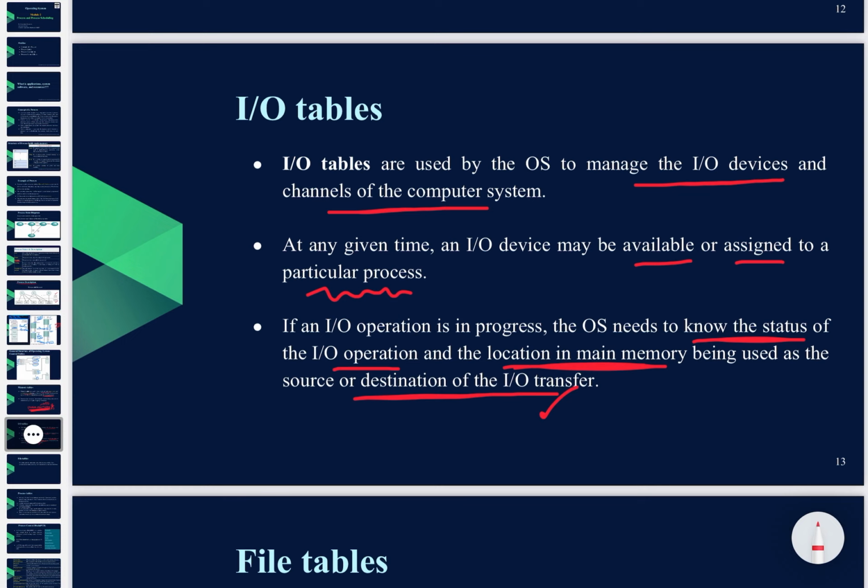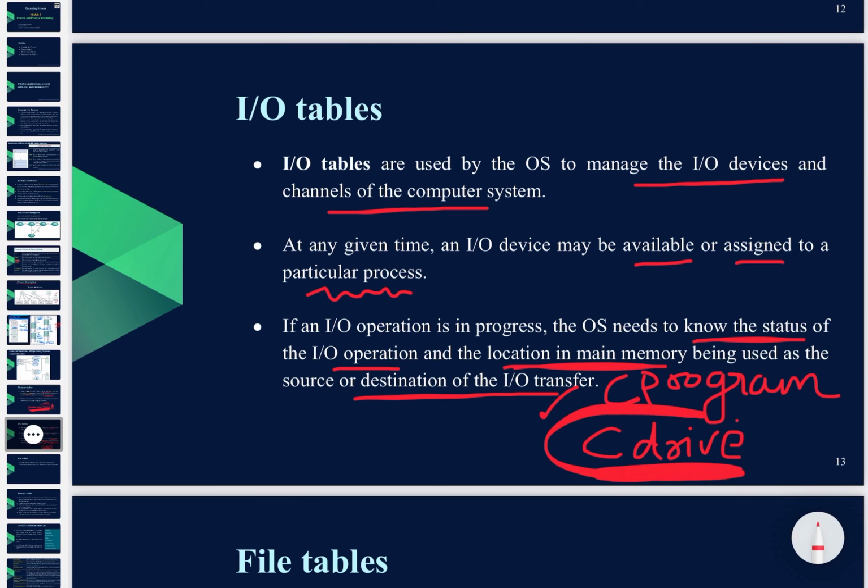So, the location should be known to the OS, that at which location an input is required. So, suppose it is a C program and all the program files are present in the C drive. So, the location is C drive.